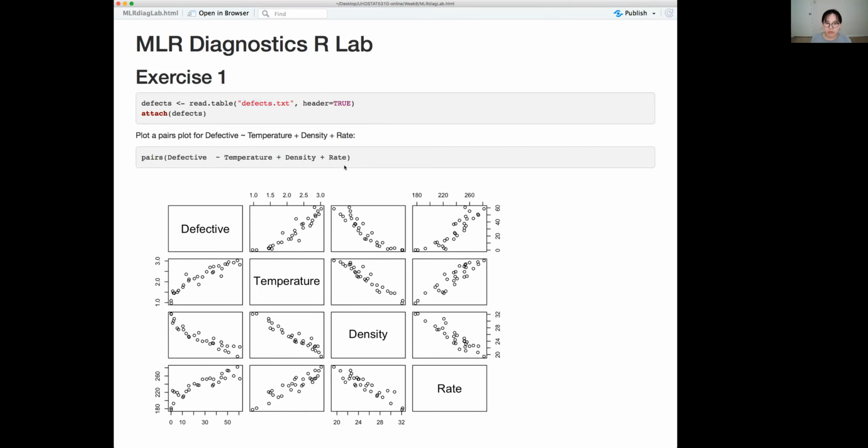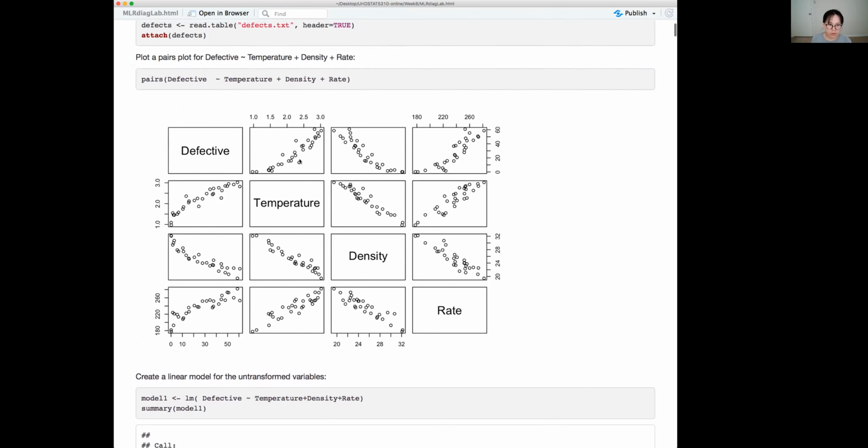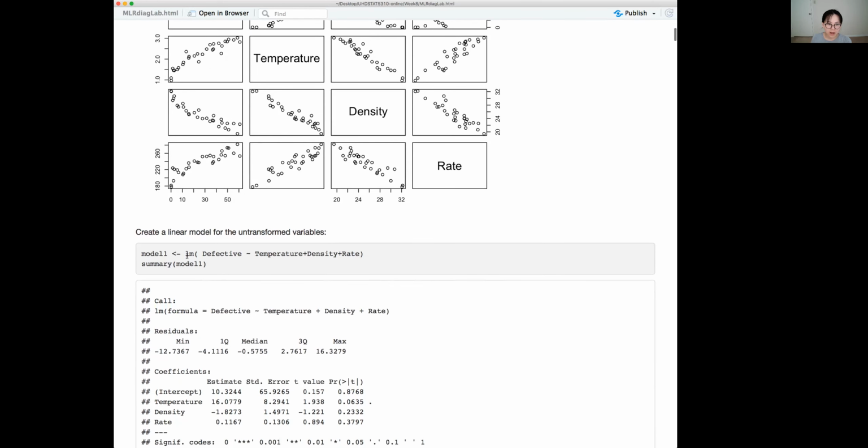The first thing we always do is a scatter matrix plot, by running pairs on this response variable regressed on these three predictors. It will give you this scatter plot matrix. It shows the defective rate has a sort of linear relationship with all three of them. And this is how we do this linear model.